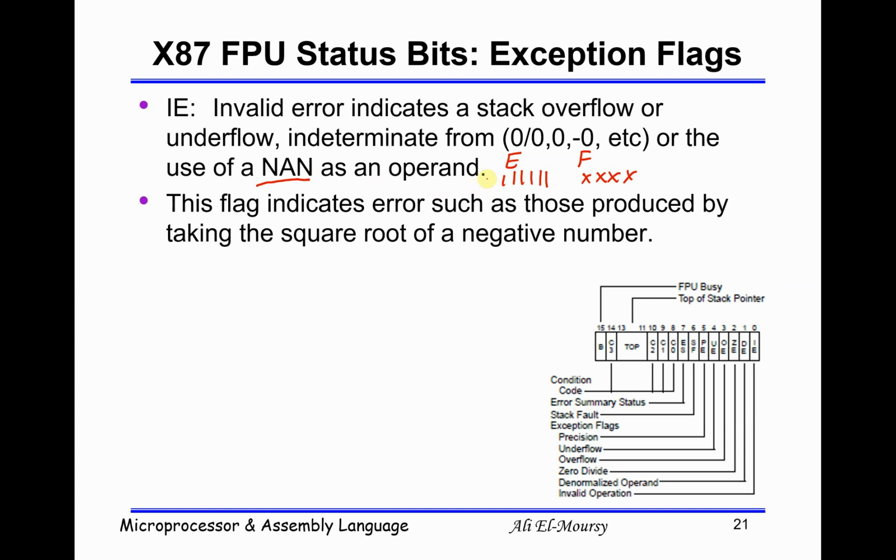If you are performing any mathematical operation with not a number, the invalid error will occur. This flag will also be raised if you are dealing with invalid opcodes for floating point. An example of an invalid operation is taking the square root of a negative number. You cannot get the square root of a negative number, so this exception will also be raised.